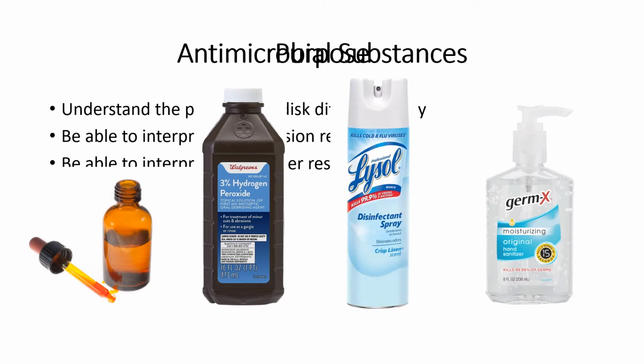These different substances can be used on different surfaces: iodine, hydrogen peroxide, and hand sanitizer can be used on skin, while Lysol is used on surfaces. And these different substances can have different effects on the bacteria. One way to test the effectiveness of different antimicrobial substances is to perform a disk diffusion assay.